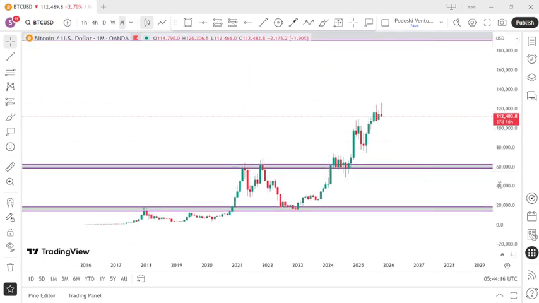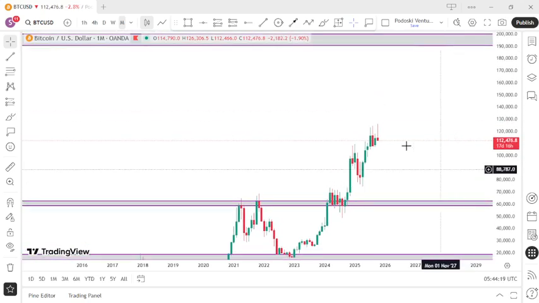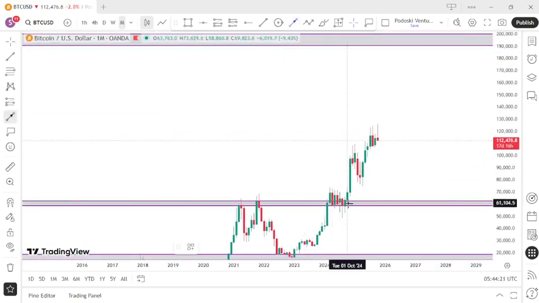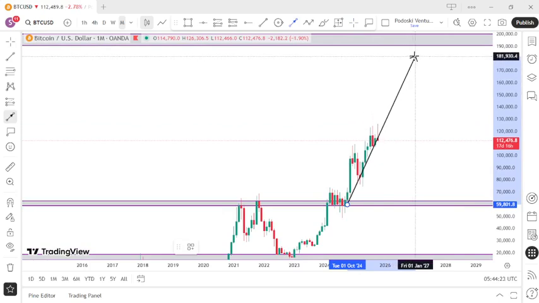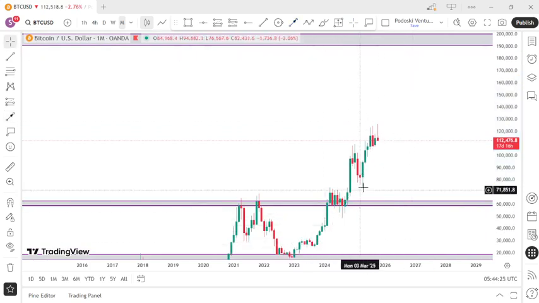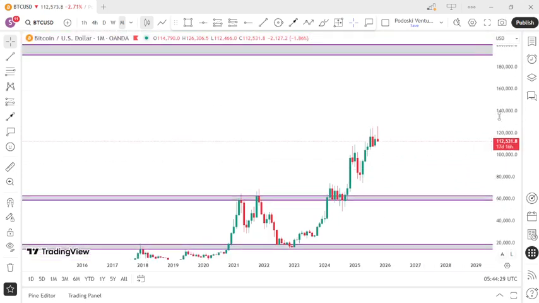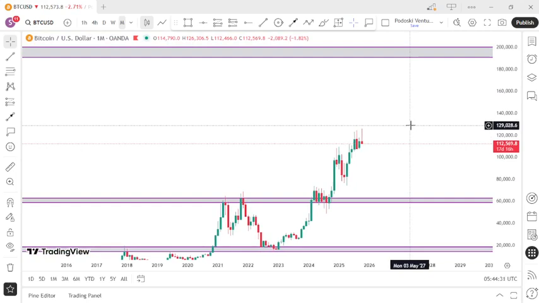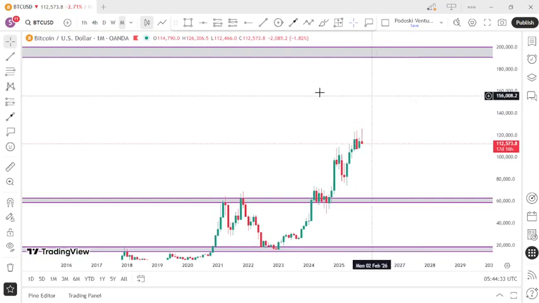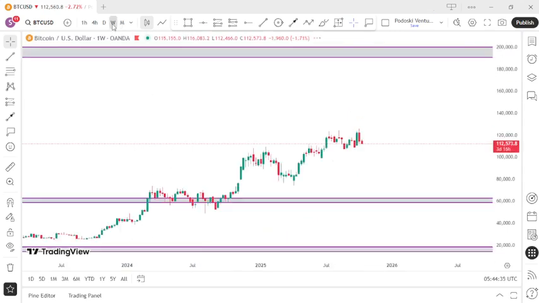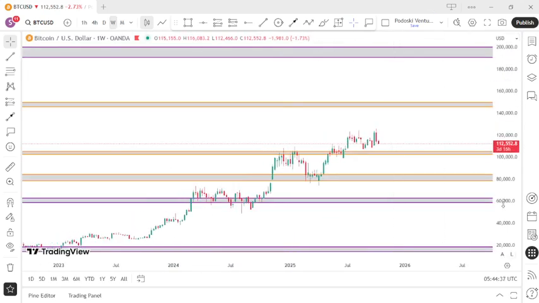So on the monthly time frame, you could all see BTC is moving to the upside. So we should be expecting BTC to hit the upper zone in a few months to come or years to come. So let's go over to the weekly time frame on Bitcoin.